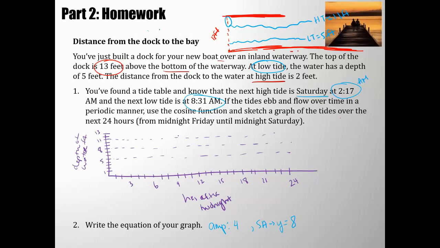So at 2:17, it is high tide, which is 11. 17 is what fraction? 17 out of 60. It's about 0.28, and that's what I'm using since I'm looking at hours after midnight. So at 2.28, it's at high tide, 11.